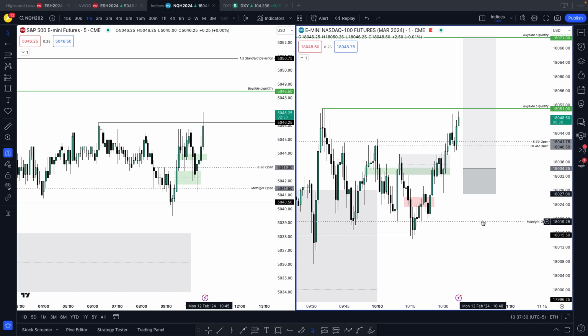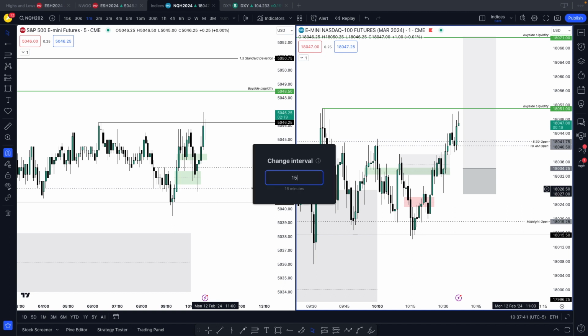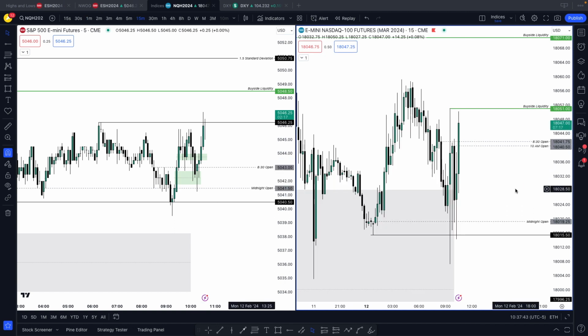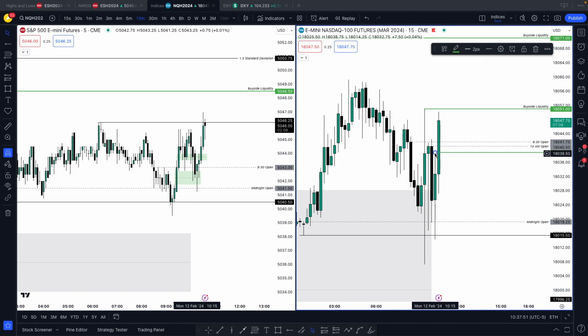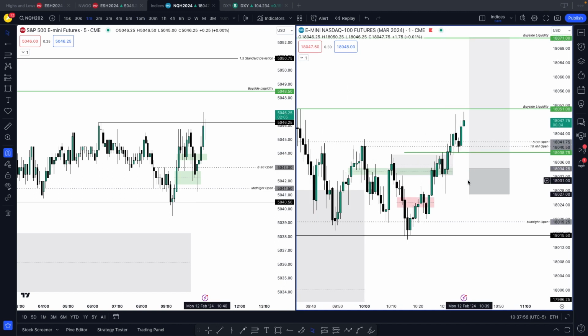Do you move the rest to break even now? No, I don't. I wait and see when price reaches the buy side if we've had any new inefficiency form within the range. So like here, we're forming new inefficiency on the 15-minute, and so price could trade all the way back down to this candle's high and continue to go higher off of that.